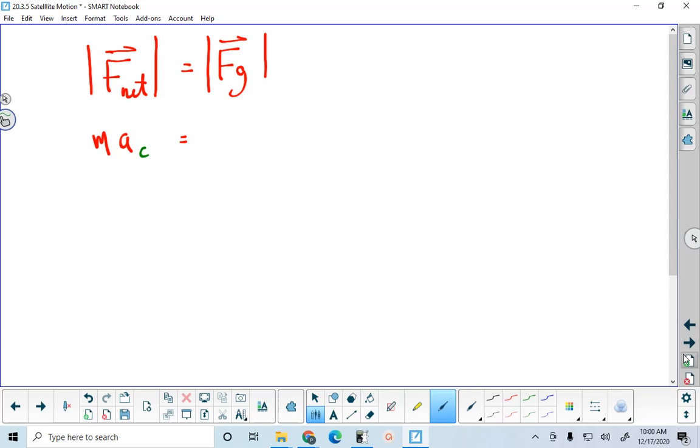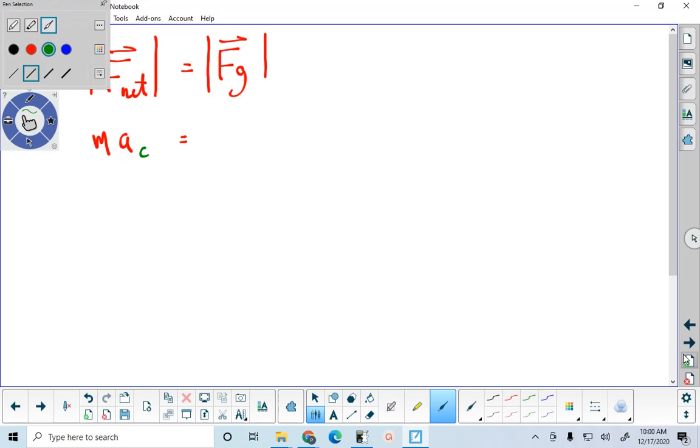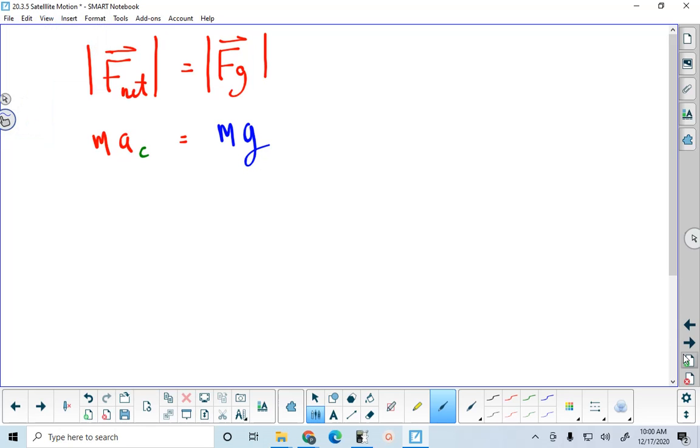I have a question for you now. What I'm about to write, don't write. Why is writing mg wrong for the force of gravity between the moon and the Earth? Right. The acceleration due to gravity is not 9.81 where the moon is.